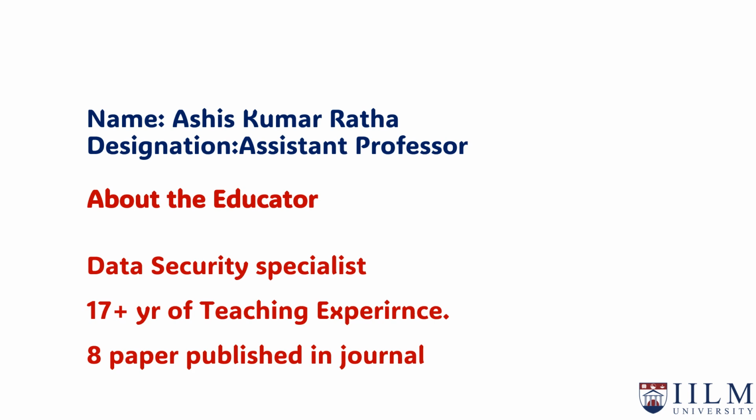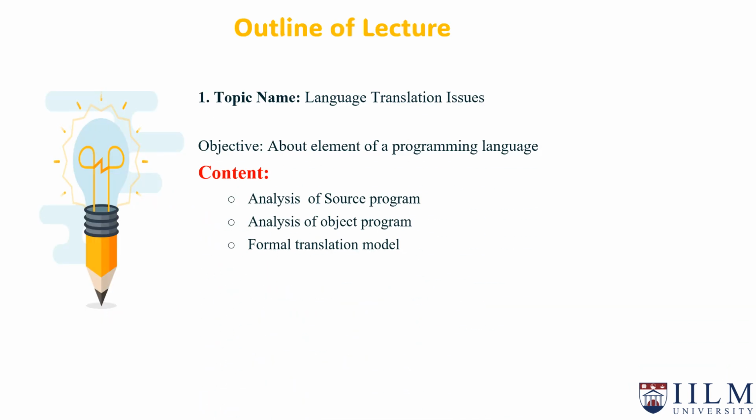So moving towards the topic, today we're going to cover the analysis of source program, why it is required, and analysis of object program, what is the need of this, then how this source program and object program are translated into a particular version of code, that we need to know from this formal translation model.